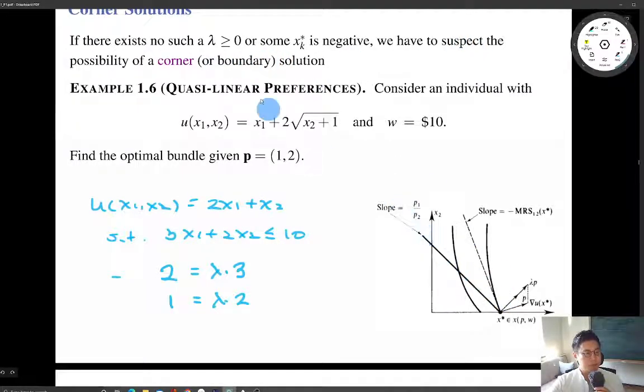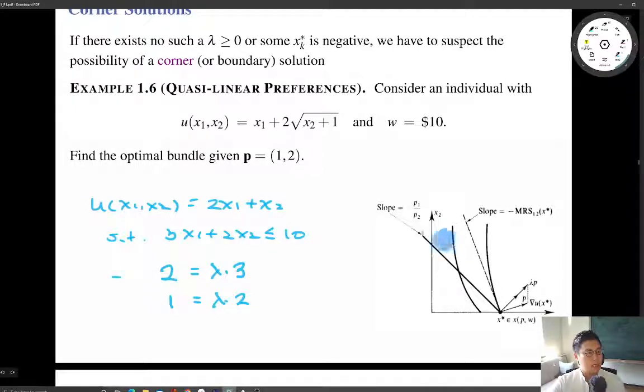A corner solution implies that some element is equal to 0. So in case of two commodities, if we have this budget set, we have two candidates for a corner solution: either this point where the consumer decides not to consume the second good, or this point where the consumer decides not to consume the first good.